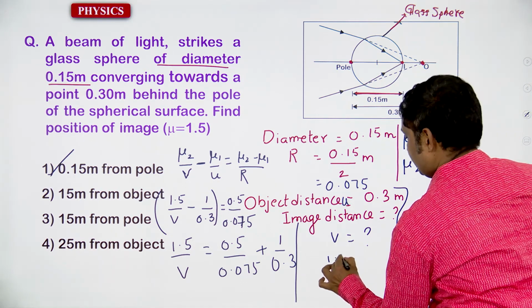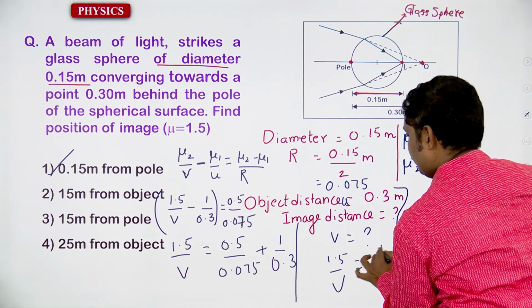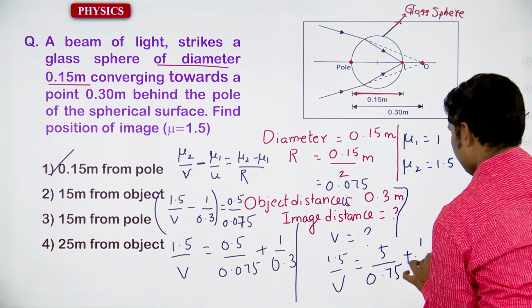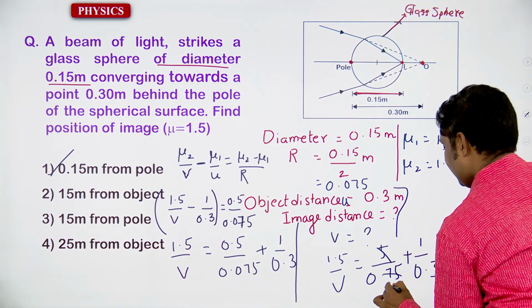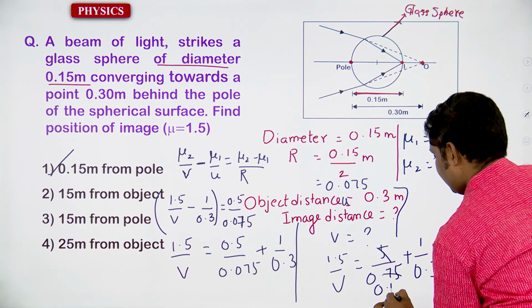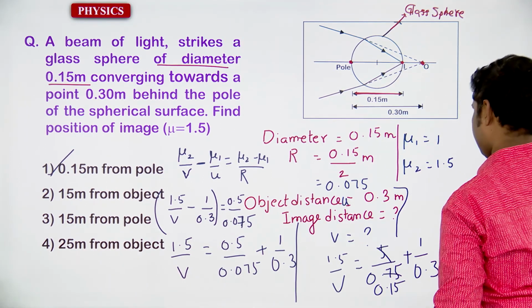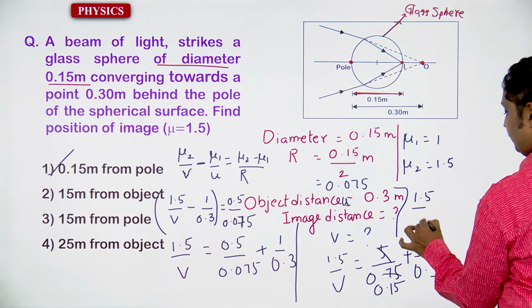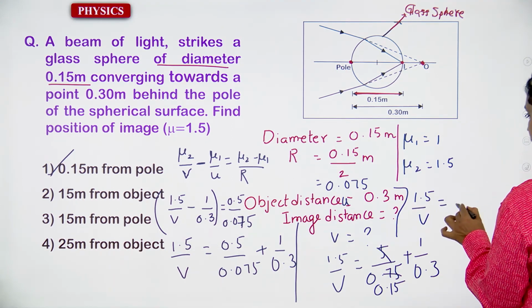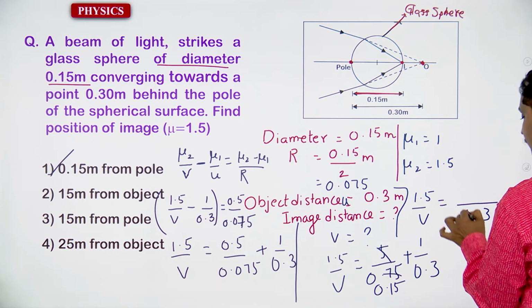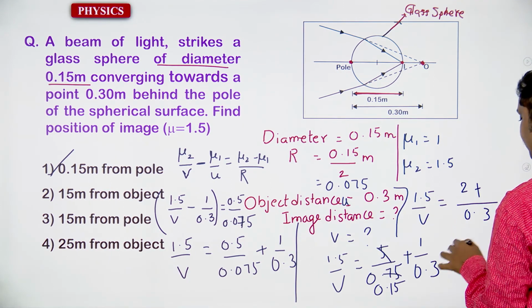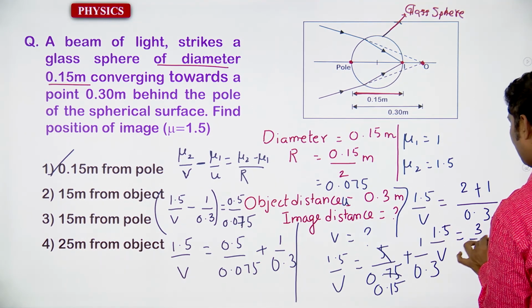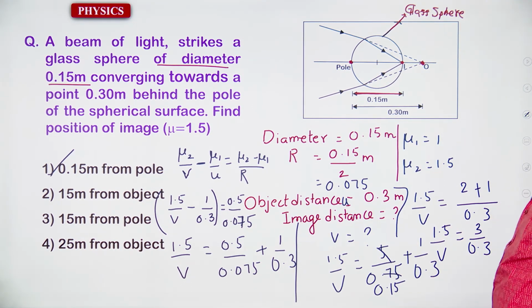You will get 1.5 by v is equal to 0.5 by 0.075 plus 1 by 0.3. So 1.5 by v is equal to 2 plus 1 over 0.3, that is 3 by 0.3.